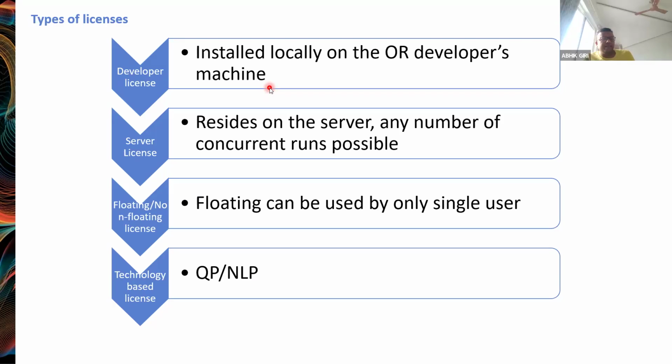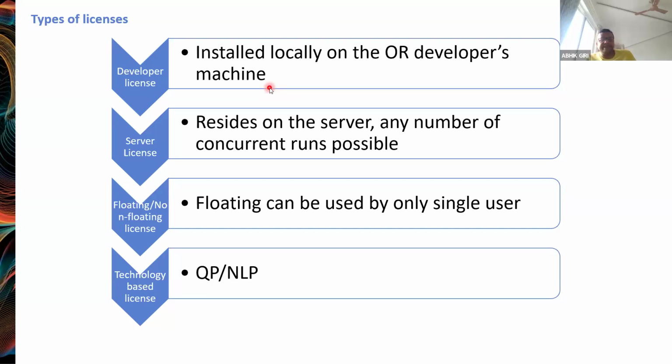The third classification could be based on whether it is floating or non-floating. First, let me speak about floating. Floating means once I get the key for the solver license, I can use it. Whether X is using it or Y is using it or Z is using it doesn't matter.